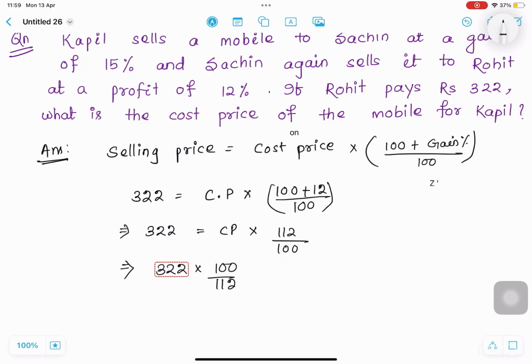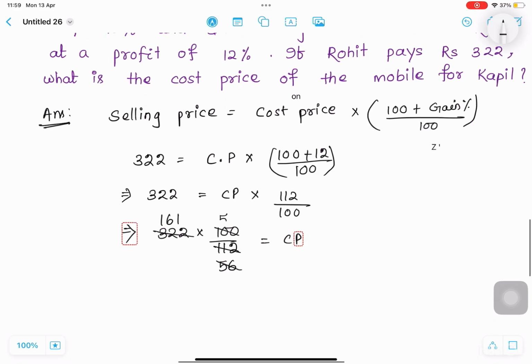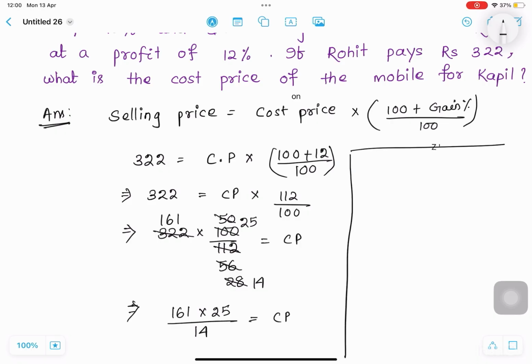First for profit 112 we found the cost price. So this is 2, with 2 I am cutting it, 161, it is 56. Again 56 I can cut into 50 and this is 28. Again with 2, 14, 25. So I got the cost price is 161 into 25 by 14.